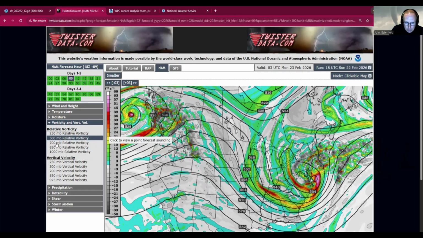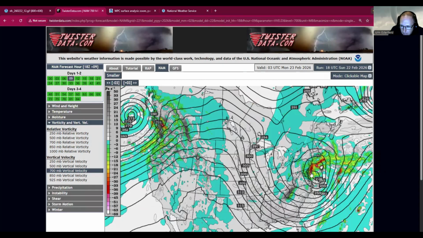Let's go to about the 3-kilometer level and look at vertical velocity. So this is upward motion in the area. It'll show where you have upward motion. So remember, right here is where the vorticity is being blown into the region by the wind.